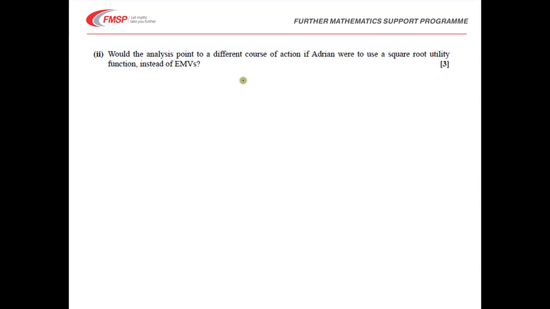Now, the second part of the question said, would the analysis point to a different course of action if Adrian were to use a square root utility function instead of EMVs? So what we're going to do now is calculate on the basis of the utility, and what we're saying is that utility is the square root of, and in this particular case it's all cost, so utility is going to be the square root of cost.